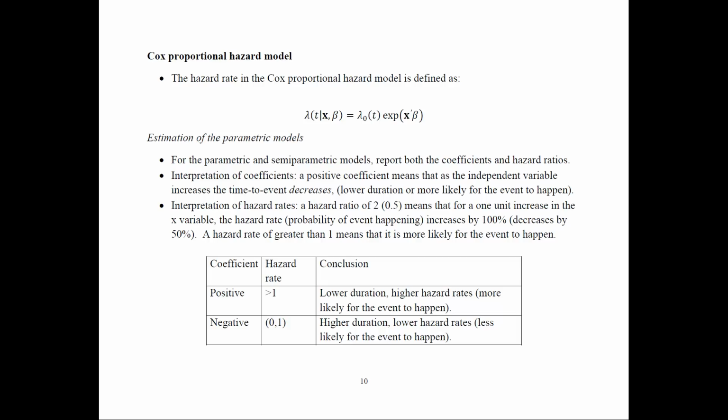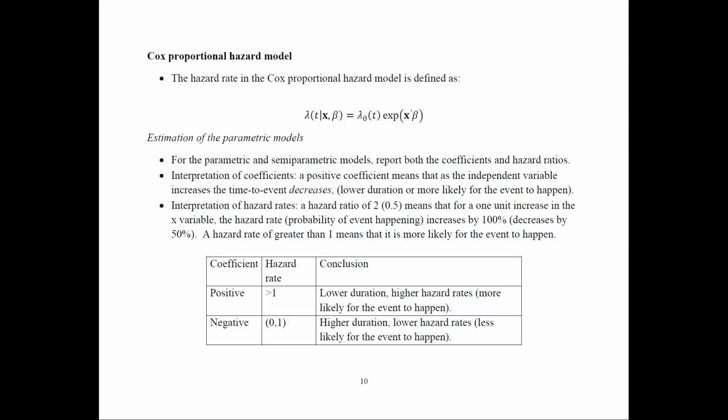An interpretation of hazard ratios is that a hazard ratio of 2 would mean that with a 1 unit increase in the x variable, the hazard rate would increase by 100%. Or if you have the case of the hazard ratio being 0.5, then the hazard rate would be decreasing by 50%. So a hazard ratio greater than 1 means that the event is more likely to happen, and less than 1 means less likely.